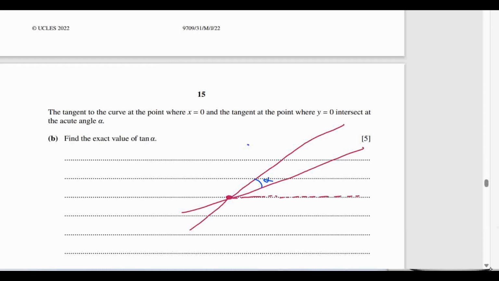Okay, fine. Now here we can see, let's say that this angle is theta, and this angle is beta, if that is alpha, and as a whole it is theta.